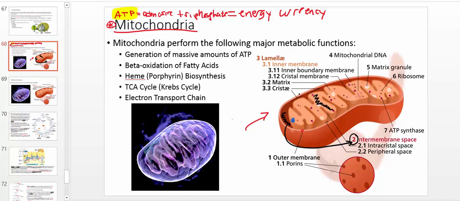And one thing that's also really important to understand, I'll do this in green, is when you look at the inner membrane, what you'll have here are various enzymes that exist in the membrane. So these are membranous enzymes. They exist in the inner membrane of the mitochondria. You have various enzymes that exist in the inner membrane of the mitochondria, and they're vital for energy production.